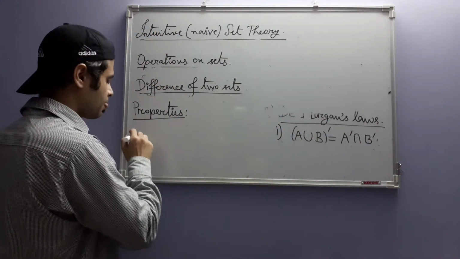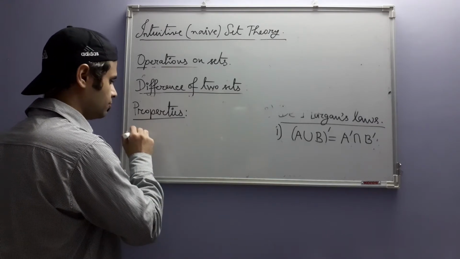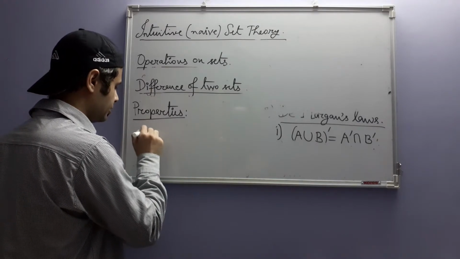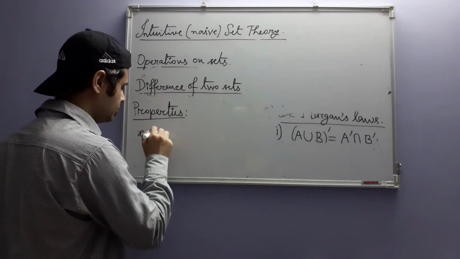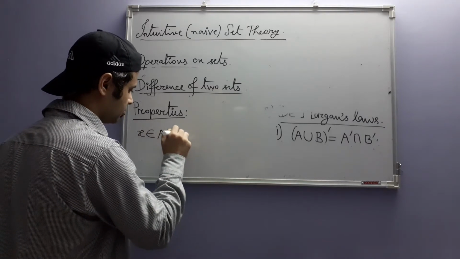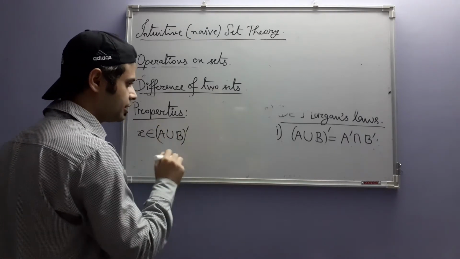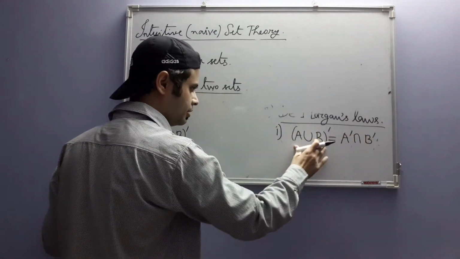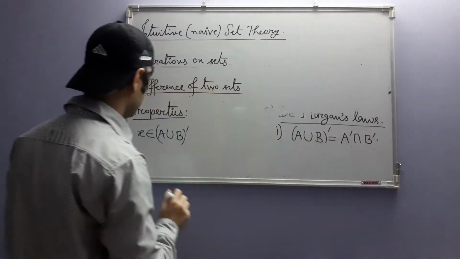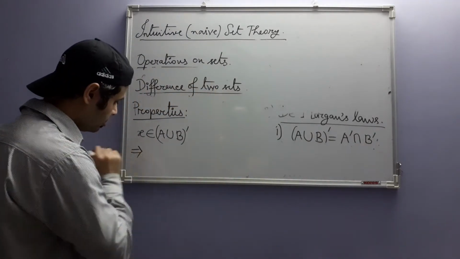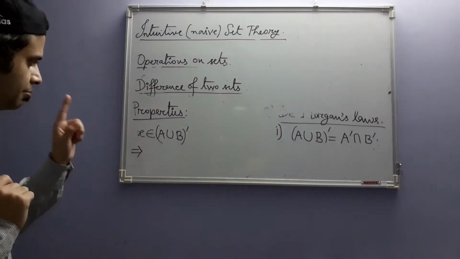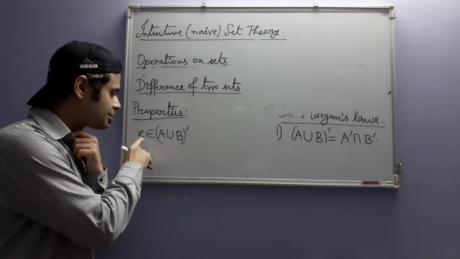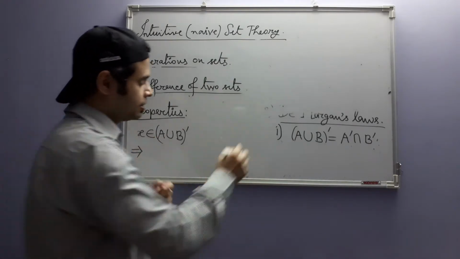So, what I do, I take an element x in the first set. Now my intention is to prove that this is a subset of this. That means any element here will belong to this. What does this mean? It means that x looks like this.